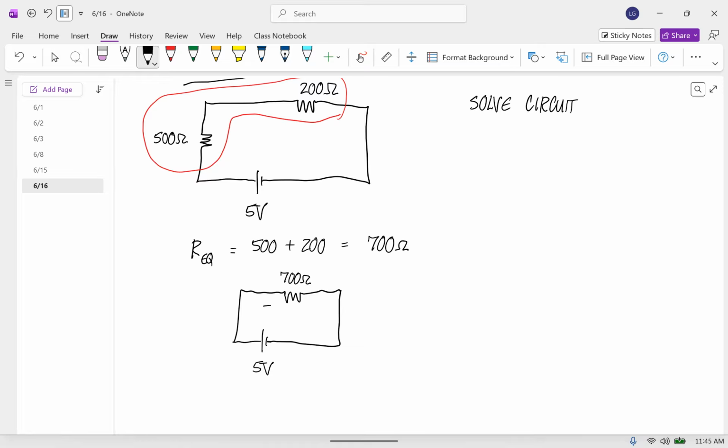We know the voltage across here is 5 volts. And so Ohm's law says 5 is equal to 700I.